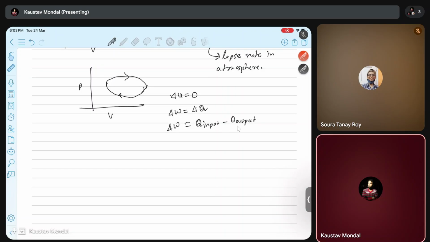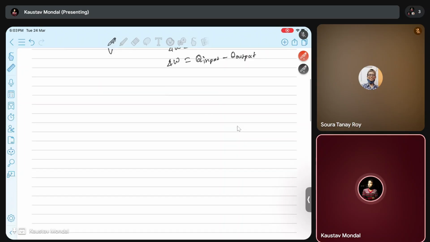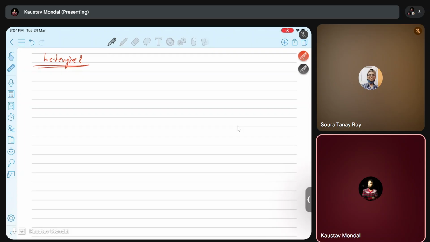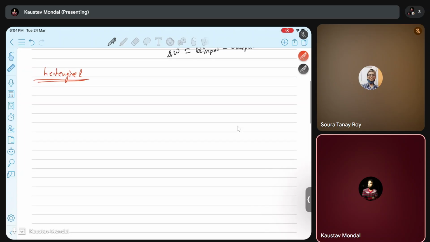So then next we have also discussed the heat engine. If you watch the PV diagram of a heat engine, that basically obeys the cyclic process, actually. So this is what the basic structure of a heat engine looks like. Okay. So this is the hot reservoir T1, and this is the engine.